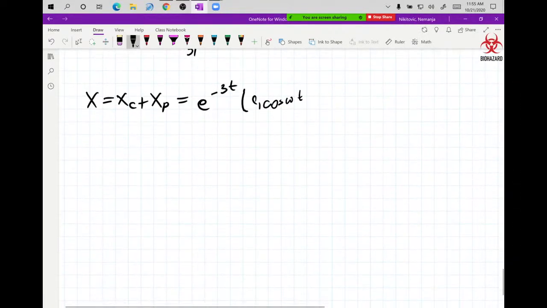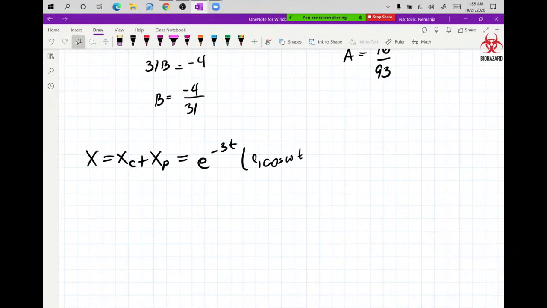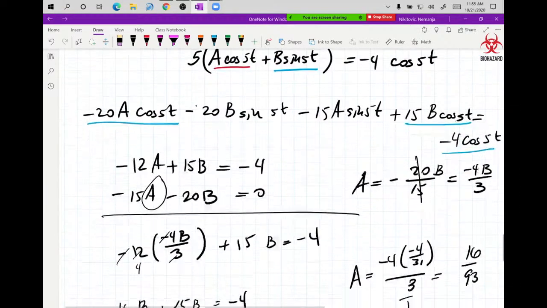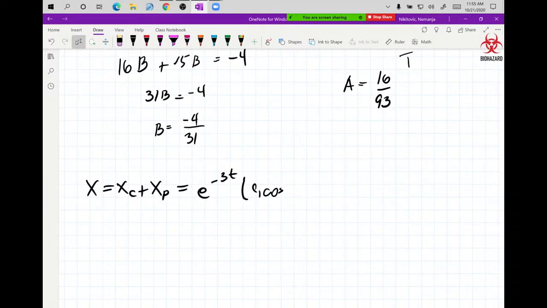Cosine root 11 over 2 t plus c2 sine pi over 2.